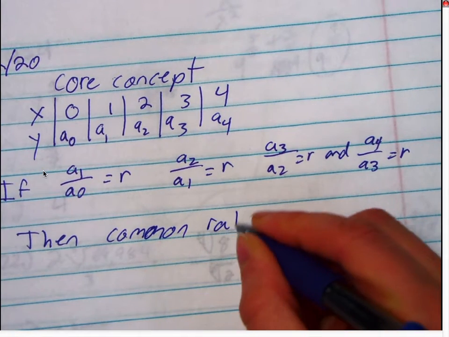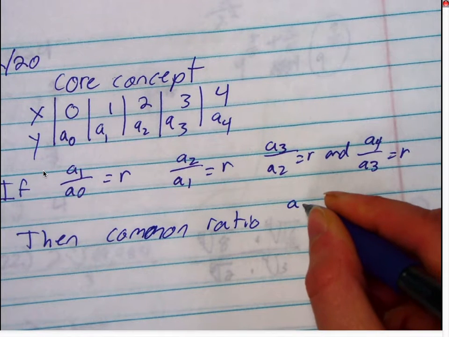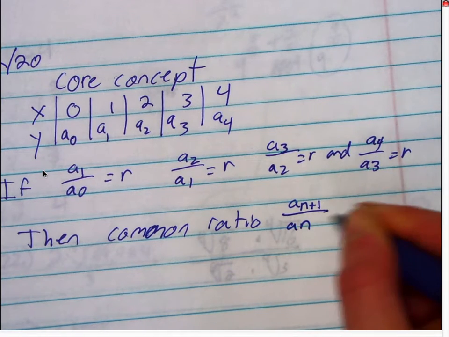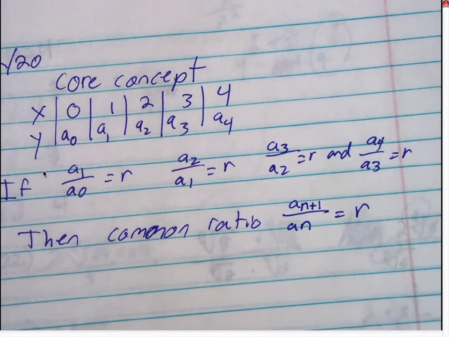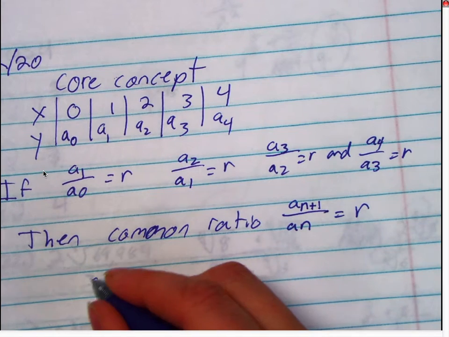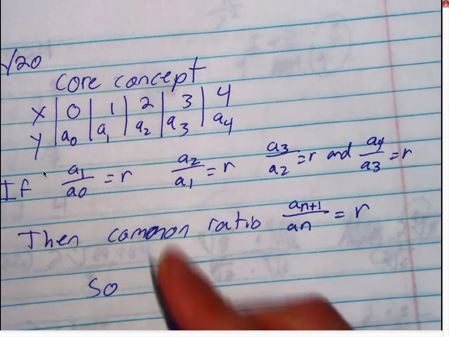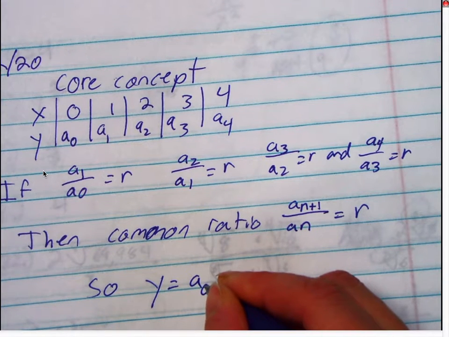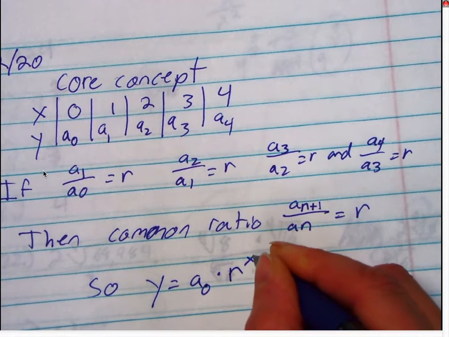And we call that a sub n plus 1 over a sub n equals r. Okay, so then our equation will be y equals a sub 0 times r to the x.